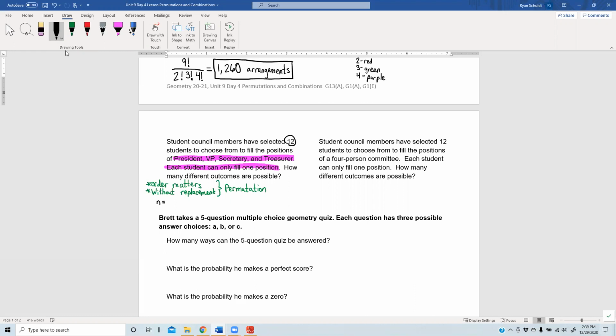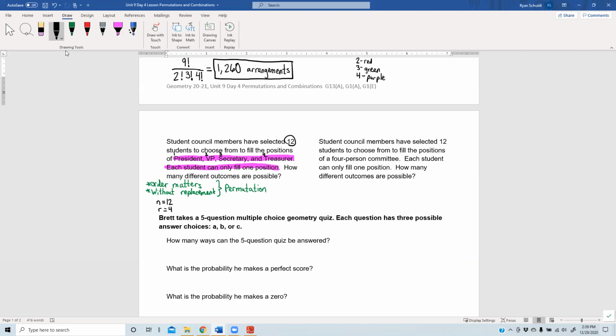N would be 12. What's our R? How many are we picking? Well, I see 1 position, 2, 3, let's see, 4 positions we're picking. So R is 4.